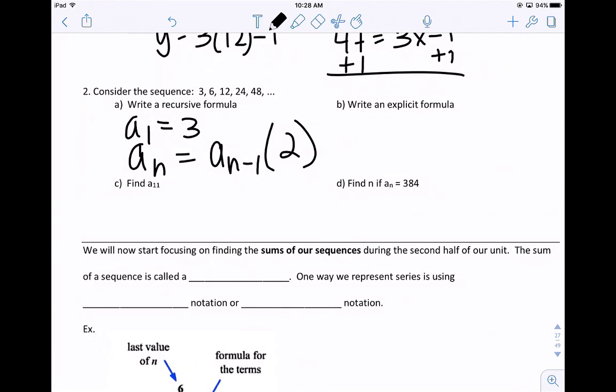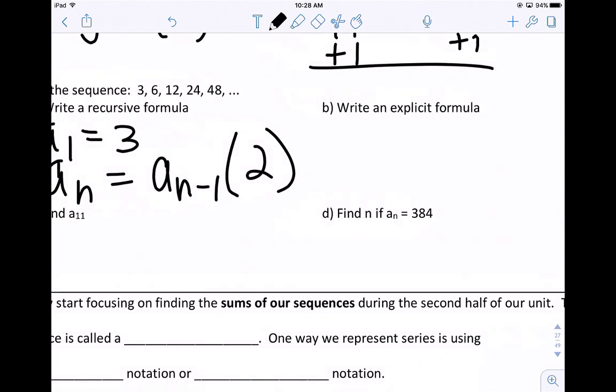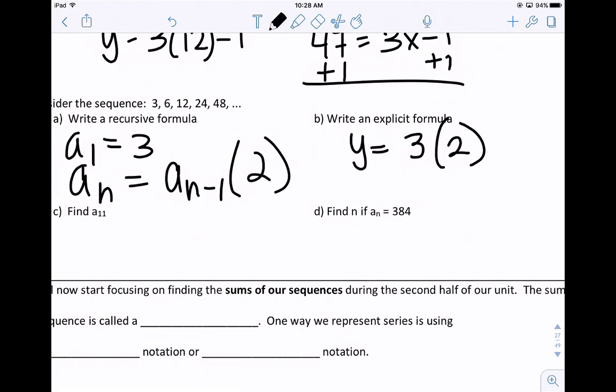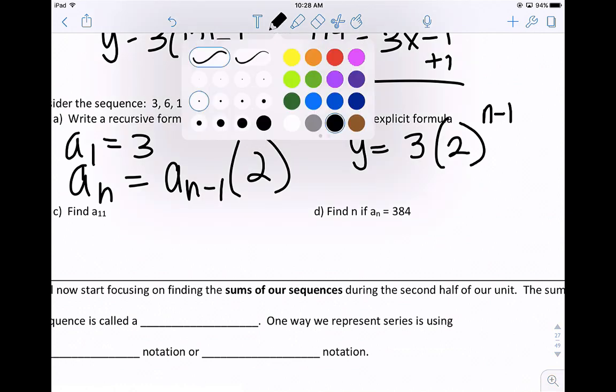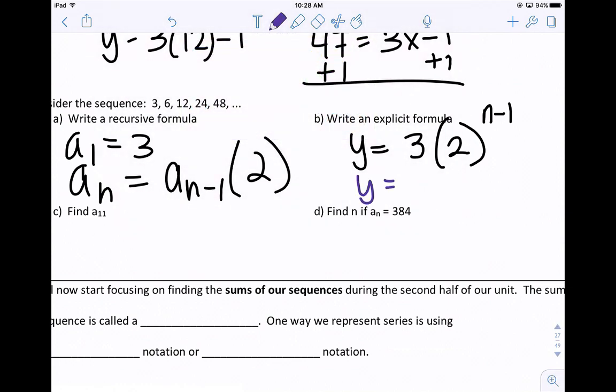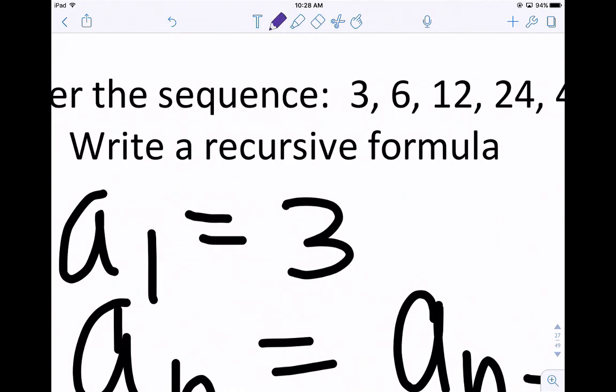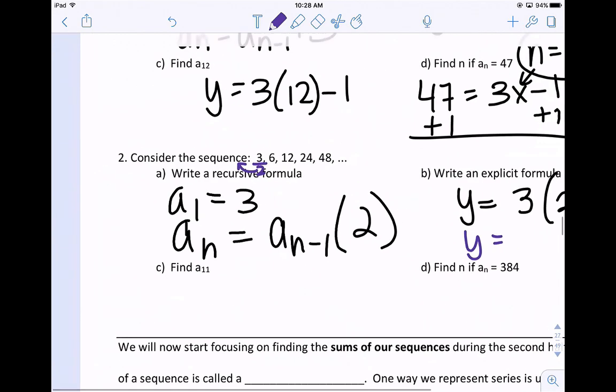Here's the explicit formula. Two ways to write this one. The first way is the first term, 3, and it's doubled every time, but then it's to the n minus 1 power. So that is if you use the first term. If you use the 0 term, though, the other way you can write this is you can go backwards 1, so you can divide by 2 to go backwards 1, so that's 1.5.